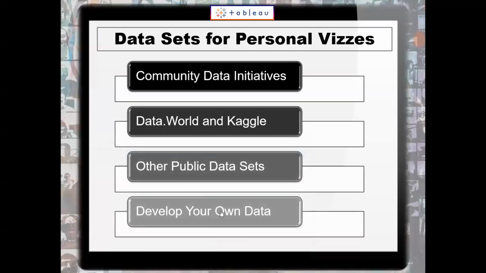And in addition to that, we want to develop your own data. So oftentimes for passion projects, one of the things, I'll cover other data sets first. I apologize real quick. So there's data.world, a site where you can go and people publish a bunch of data sets.